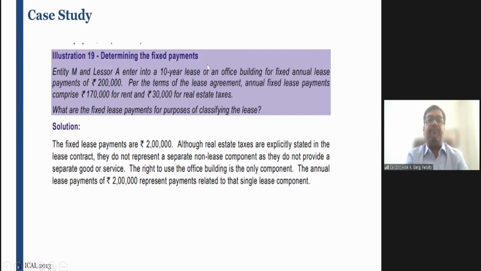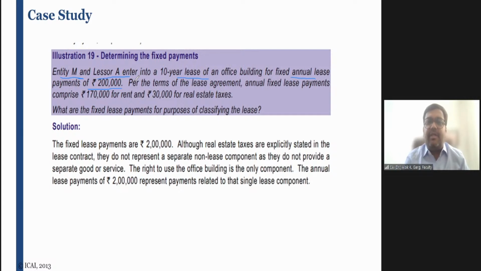Determining the fixed payment. Entity M, the lessee, and lessor A enter into a 10-year lease of an office building for a fixed annual lease payment of rupees 2 lakh.